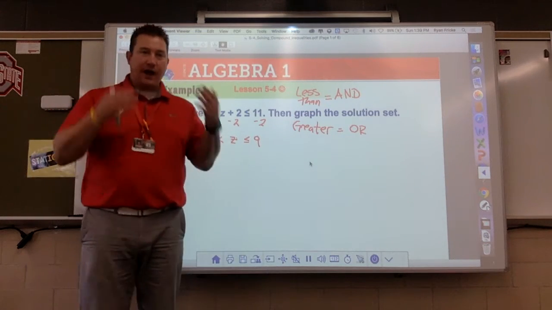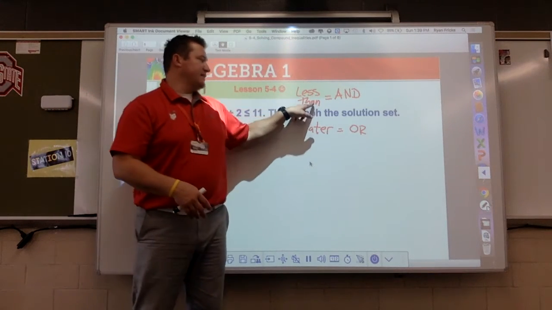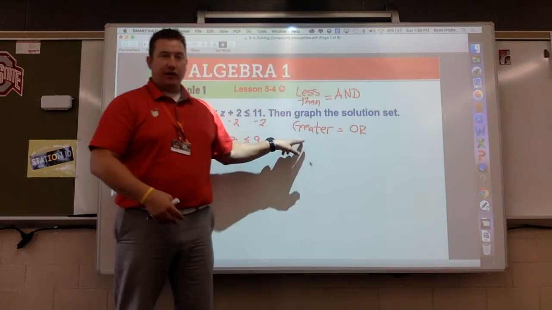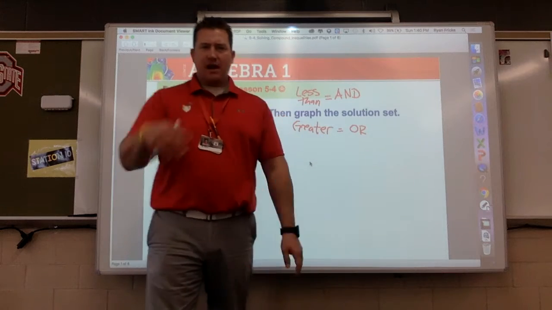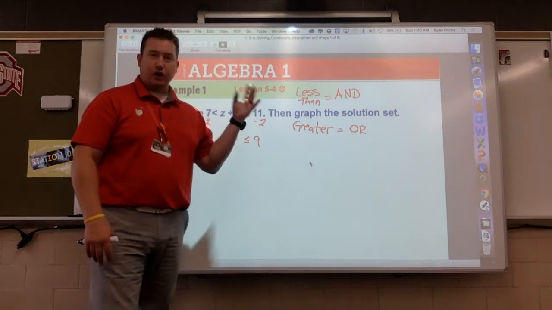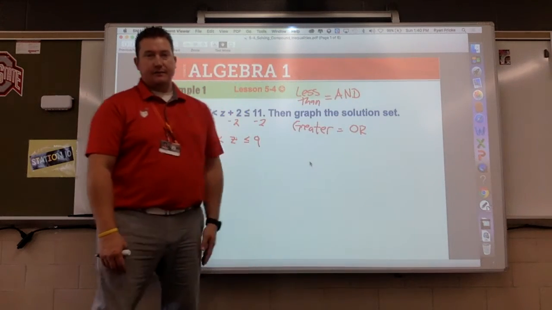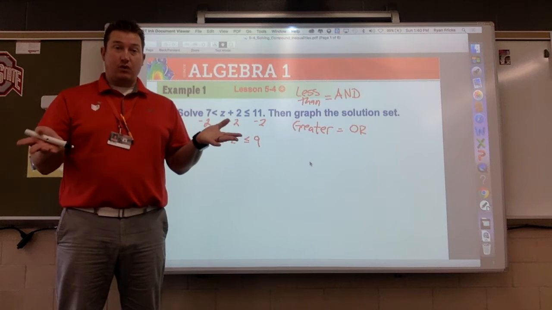I kind of think the way I remember it is the way I say it. Less than has an and in it. And. Less than. And. Greater. Or. Doesn't matter if it has the less than or equal to or greater or equal to, right? It's still an or. It's still an and. We graph these differently, ands versus ors.